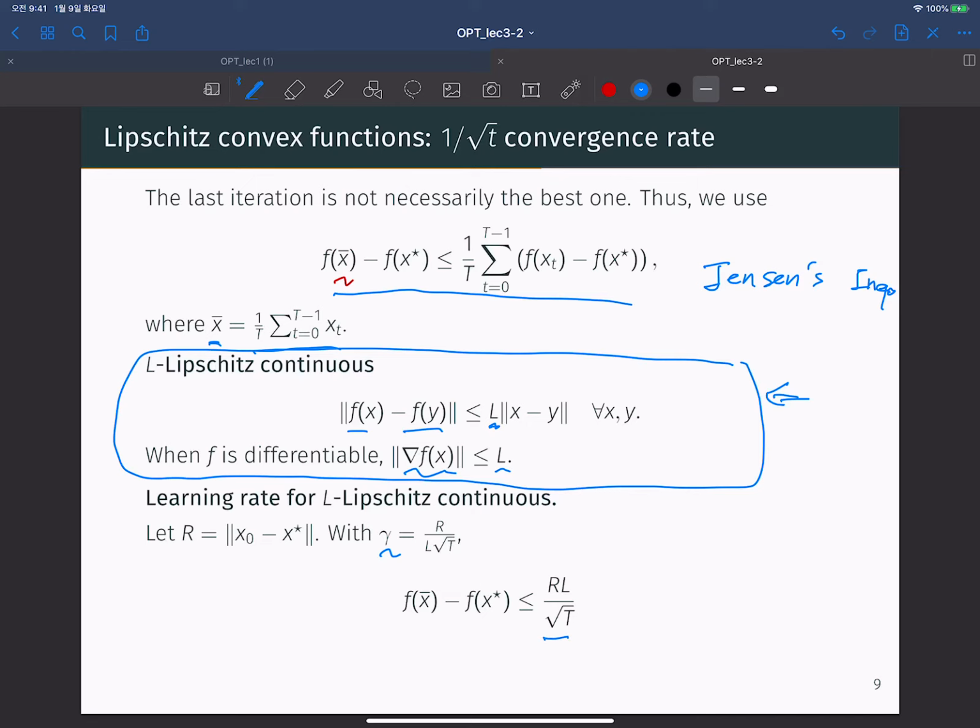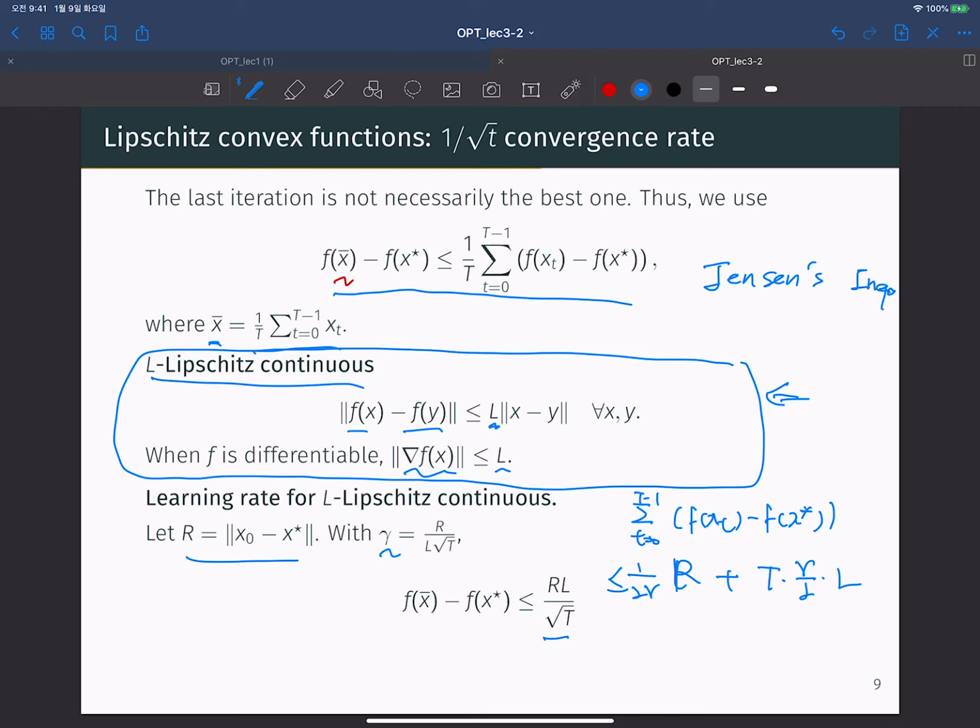Because in the previous slide, we have the summation from t equal to 0 to capital T minus 1 of f(x_t) minus f(x*) upper bounded by 1 over 2 gamma times R, from the definition of R, plus capital T times gamma over 2 times L, from the Lipschitz continuity definition.